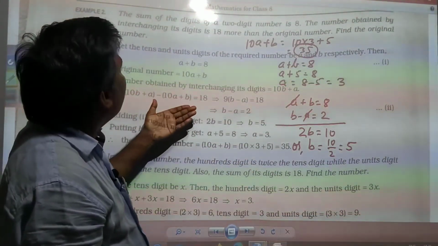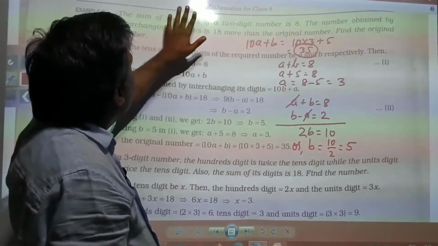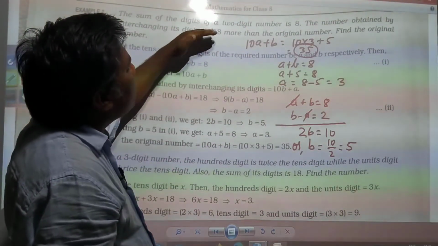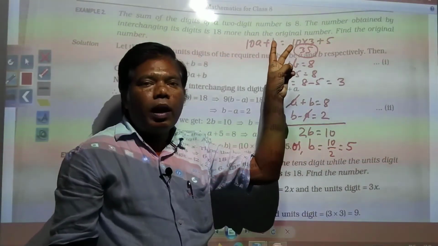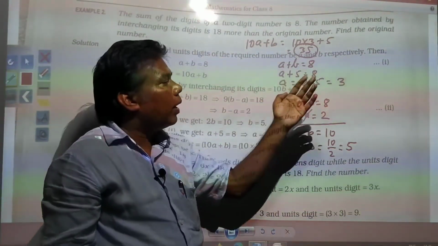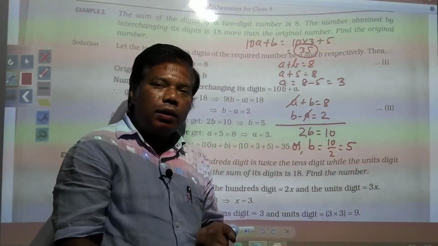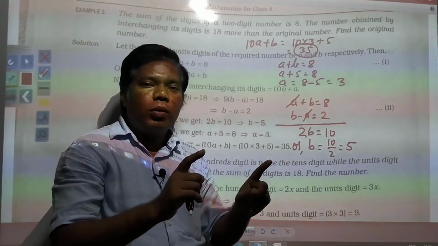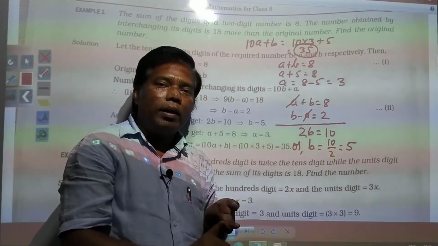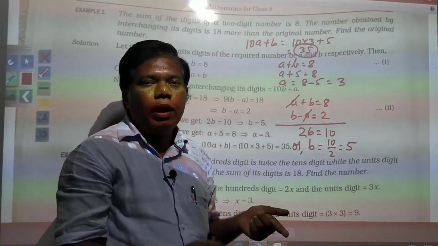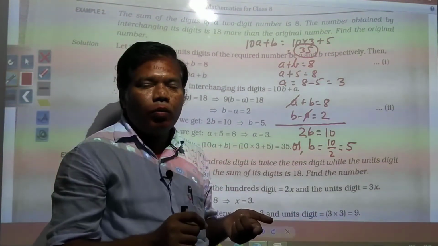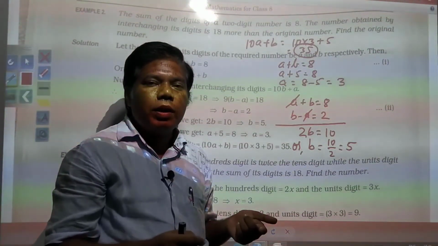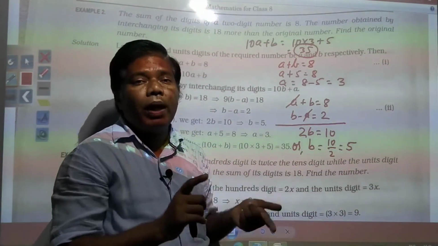So what have you seen? First of all, you need to understand how a two-digit number is formed. If you are assuming a and b as the tens digit and the ones or units digit, then your number will be 10a plus b.